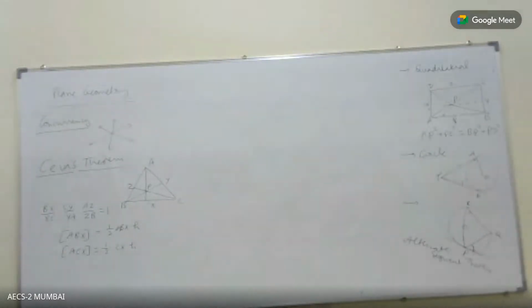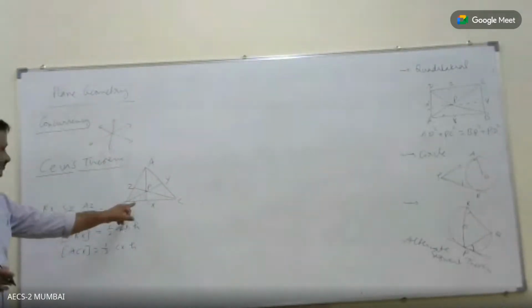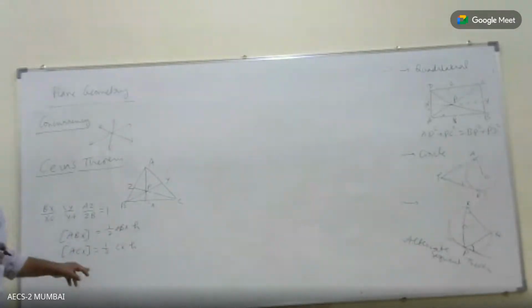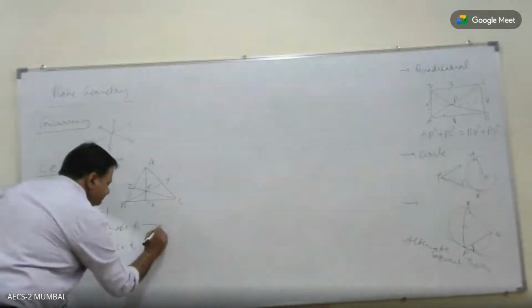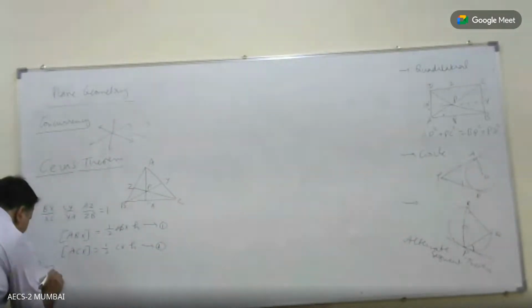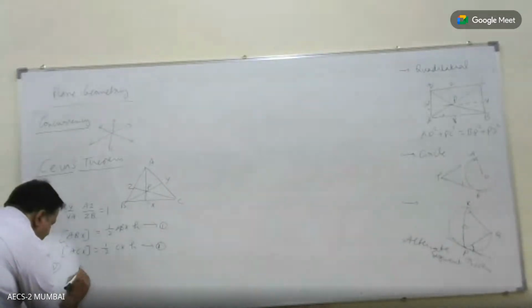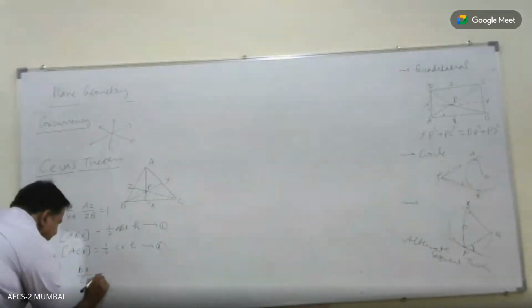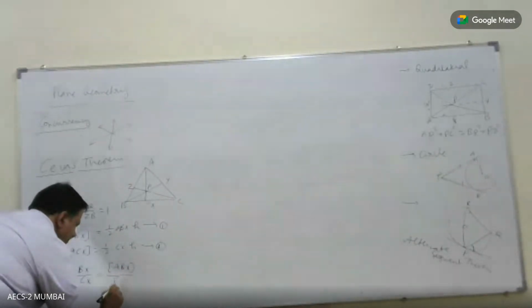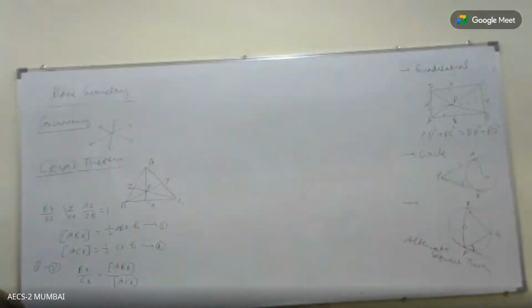Right? So what is next logical step? Divide. Very good. What is the idea behind that? Somewhere we are looking for this ratio. So that pushes me to divide this. So let me say 1 divided by 2 gives me BX by CX equal to area of ABX by area of ACX.